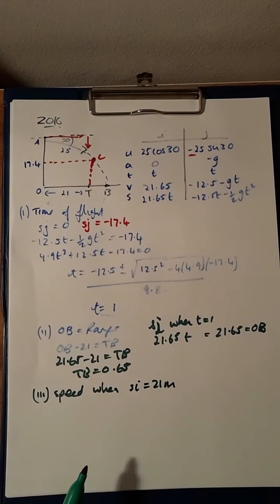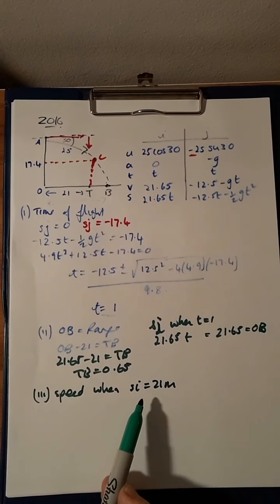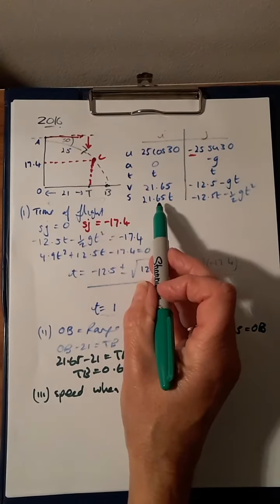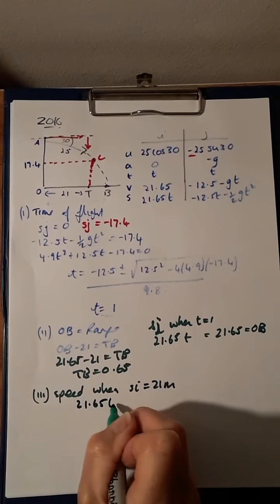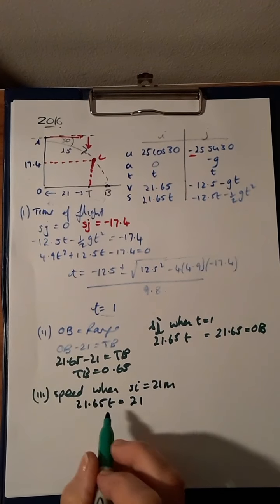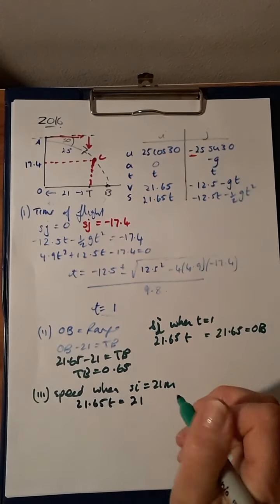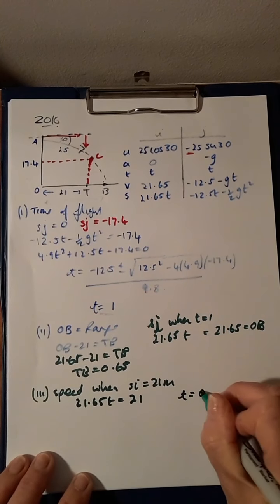So if we put this expression here, 21.65 T, equal to 21, we'll be able to find the time when it passes through C. So when you do that, the T becomes 0.97.